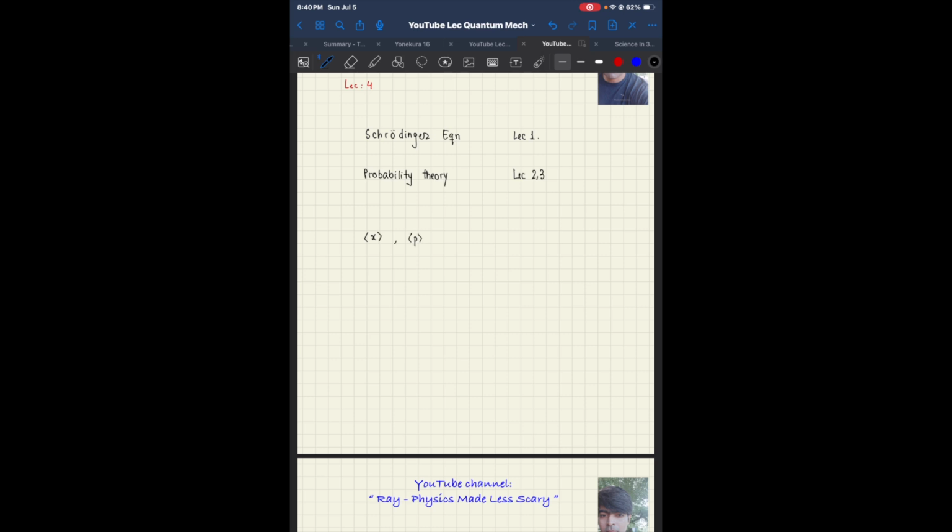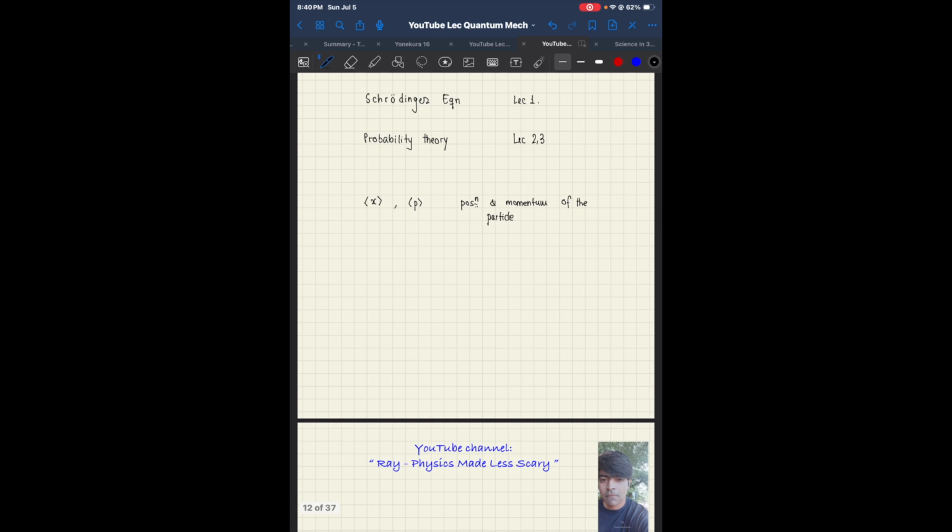At the very basic level, I want to know what the position and momentum of the particle are. What is the analog of position and momentum, or how do I calculate them for a particle in this fancy quantum mechanics that we are trying to develop here?